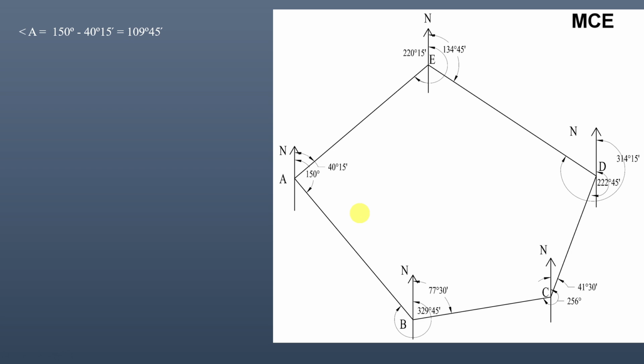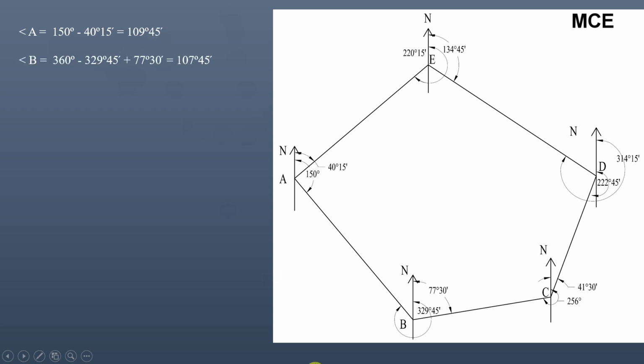Angle A will be equal to the fore bearing of line AB minus the back bearing of line EA, which is 150 degrees minus 40 degrees 15 minutes, which is 109 degrees 45 minutes.